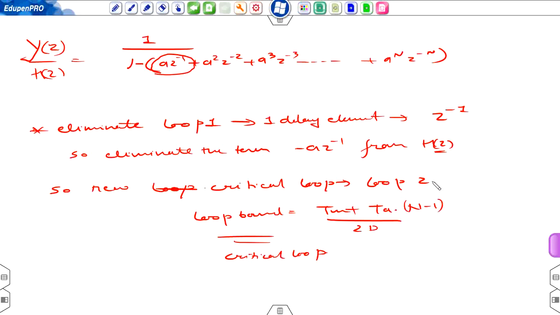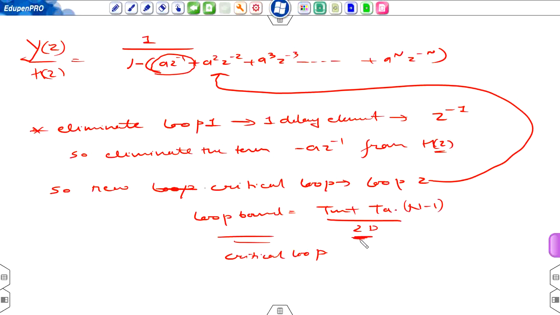Okay, and this will be associated with the term z square, because having two delays in time domain is equivalent to z raised to power minus 2 in z domain.